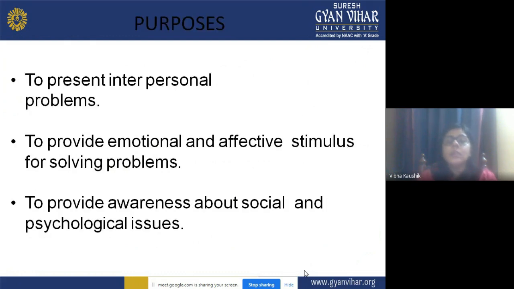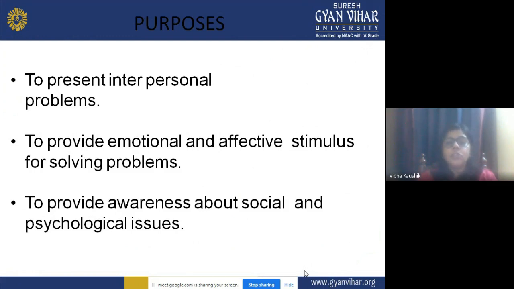Now, what are the purposes of conducting a role play? To present interpersonal problems: with the help of role play, we are able to present the interpersonal problems of an individual or group members.